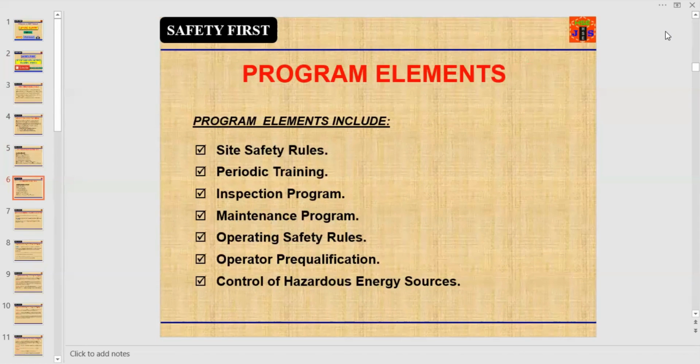Dear friends and fellows, program elements include site safety rules, periodic training, inspection program, maintenance program, operating safety rules, operator pre-qualification, and control of hazardous energy sources.